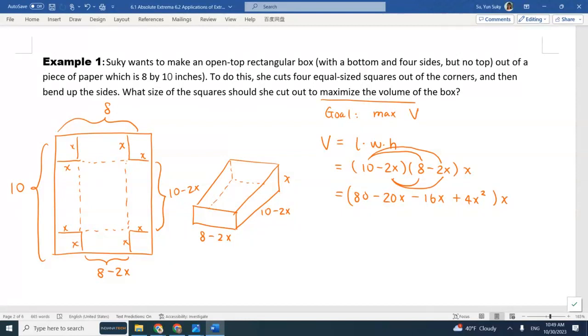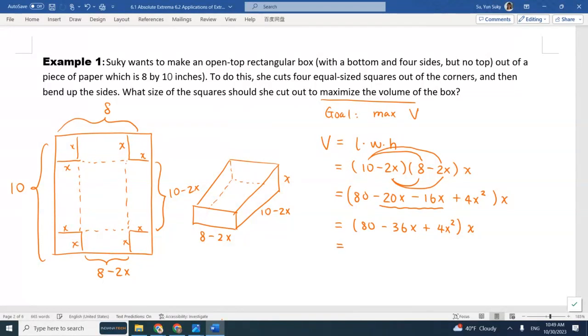Right, everybody? So combine the like terms. How many x? Negative 36x plus 4x squared.